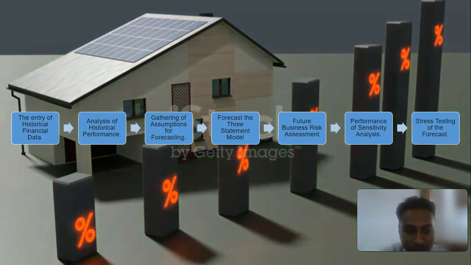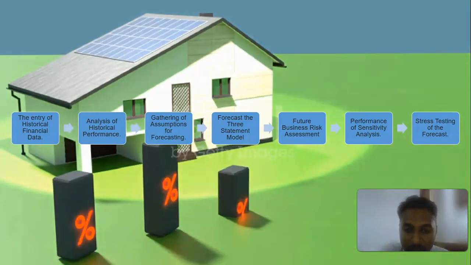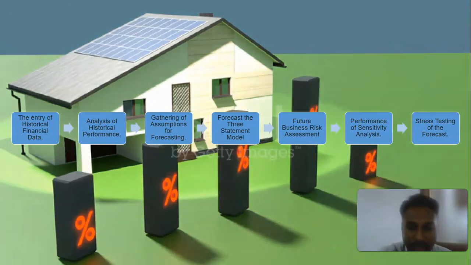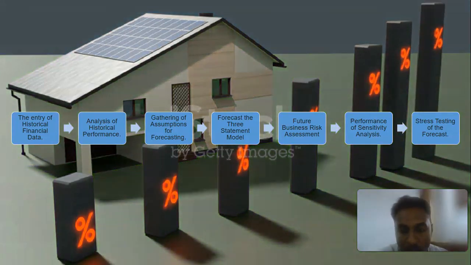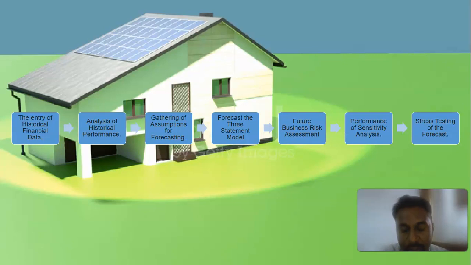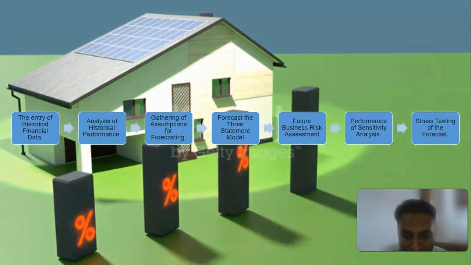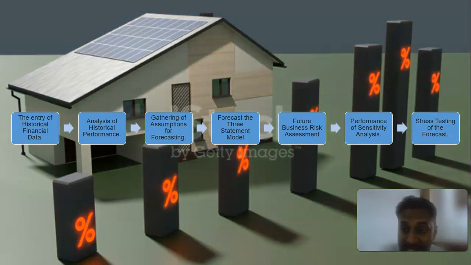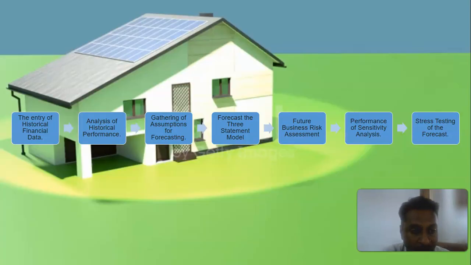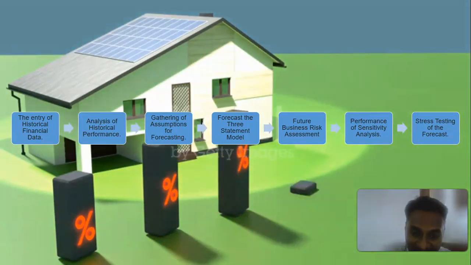When I do a three-statement analysis, it's always better to consider 10-year or 15-year statements to arrive at decisions for the future. A larger variant of historical data gives us more scope for increasing the accuracy levels of the data. So the first step is to take up more historical financial data.